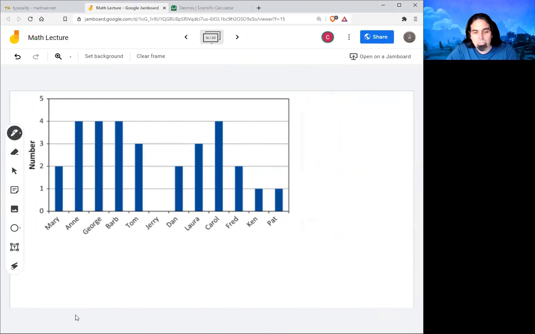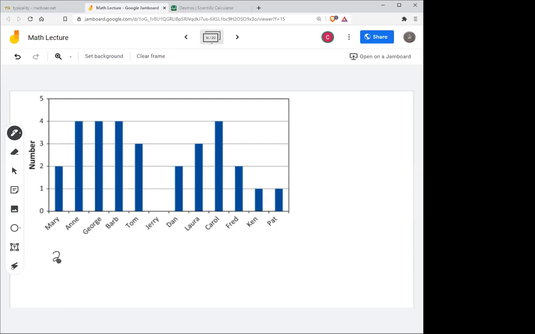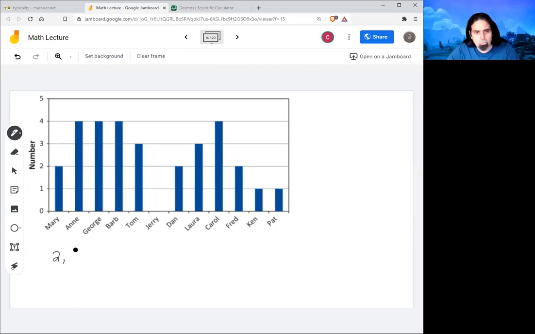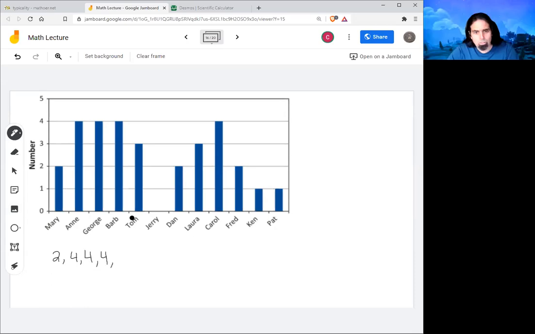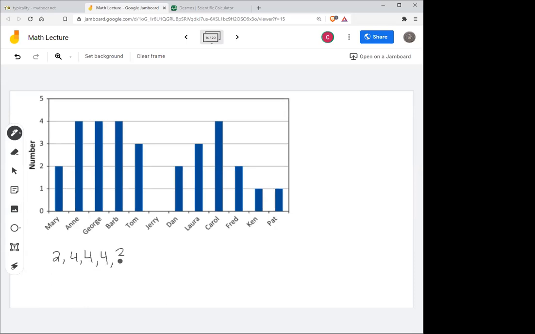How many books should students read? So what do I put for Mary? 2. Anne is 4, another 4, another 4. Tom is 3, Jerry is 0. We have to keep him in there.